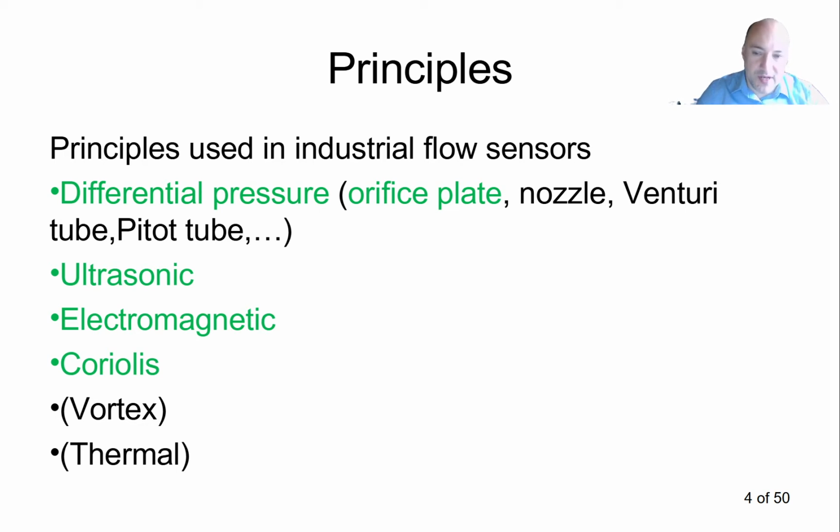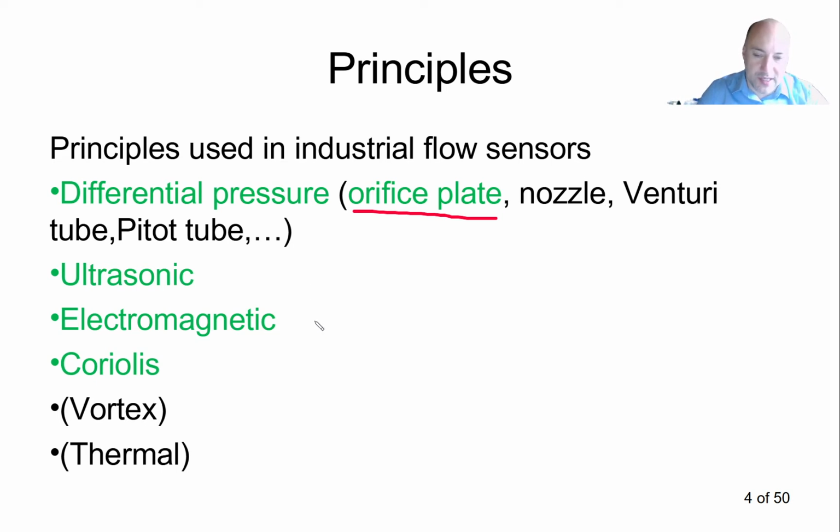So we will be discussing 4 principles of how we can actually measure flow. The first one will be differential pressure, which is very closely related to last week's topic where we discussed pressure gauges, because here we will use the pressure gauge to get the flow rate, and for this we will use an orifice plate. The second possibility will be ultrasound, so we will use ultrasound to measure the flow rate in a pipe.